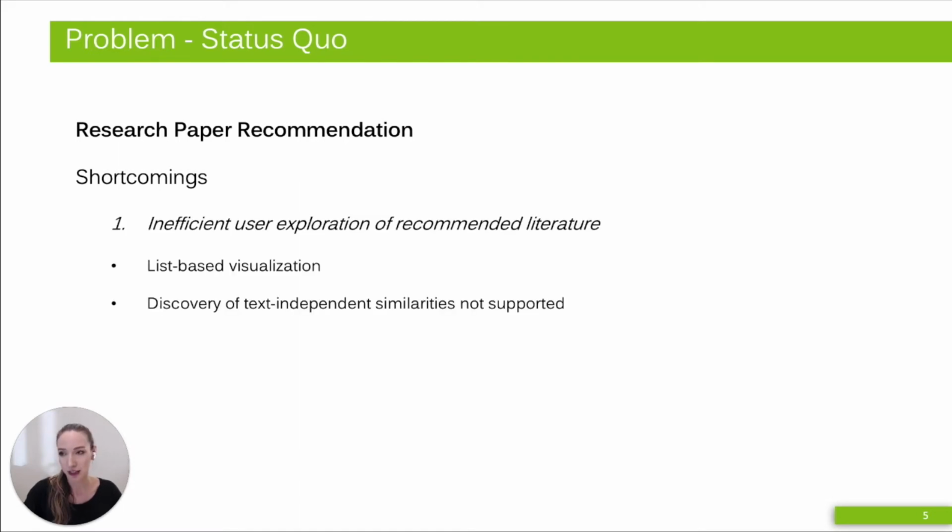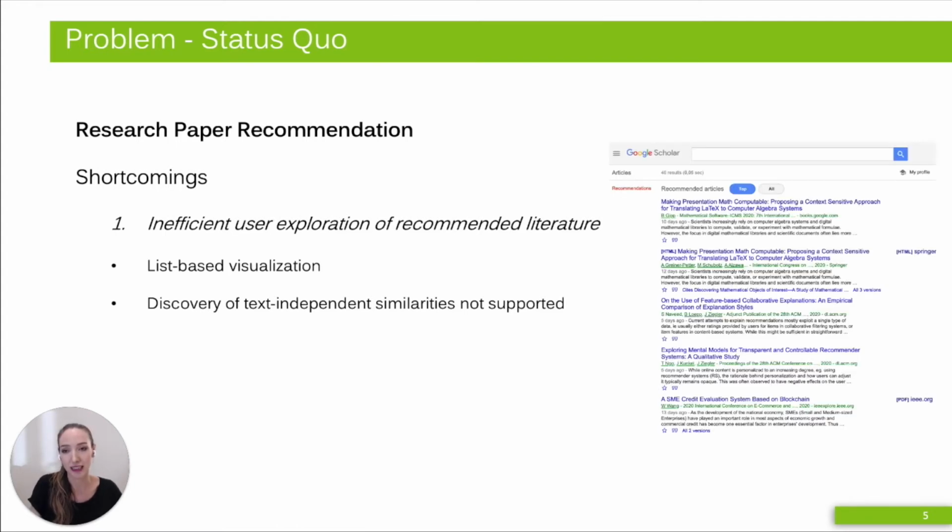And I'm just going to summarize two shortcomings. The first would be an inefficient user exploration of the recommended literature. This is the case for the features I just presented to you, because these kinds of features are buried within the text and they're very hard for the user to find by looking only at a recommendation list such as this.